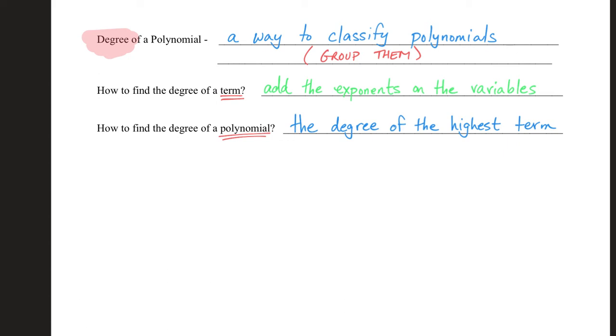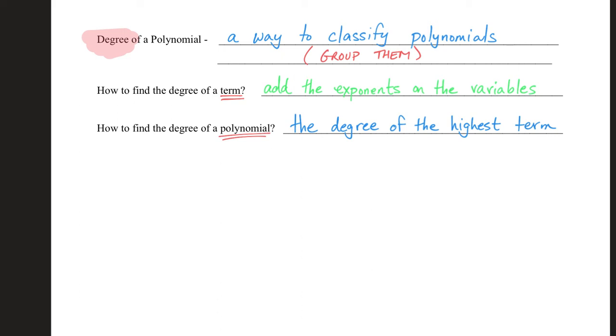We have just learned how we can classify polynomials based on the number of terms they have. What we're going to learn now is a different way for us to classify polynomials by something called a degree. So when you see degree of a polynomial, it's just a way to group them. That's all. It allows us to talk a little bit faster about certain ideas.